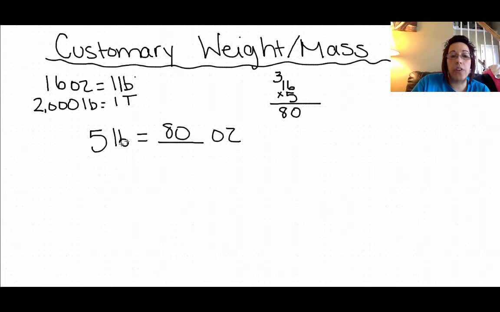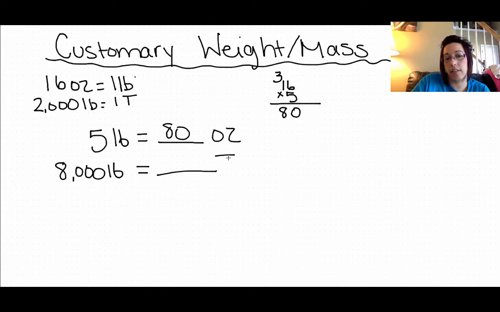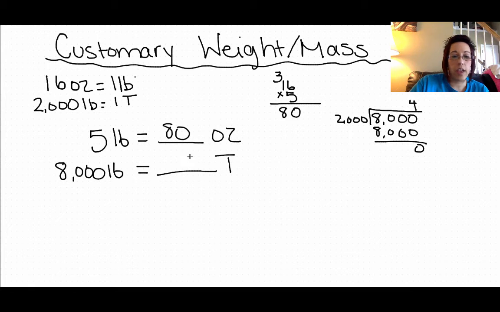On the other hand, if we have 8,000 pounds and we want to know how many tons that would be, we're going to take the 8,000 and divide by 2,000. 2 will go into 8 4 times, so 4 times 2,000 would be 8,000, and that gives us 4 tons.